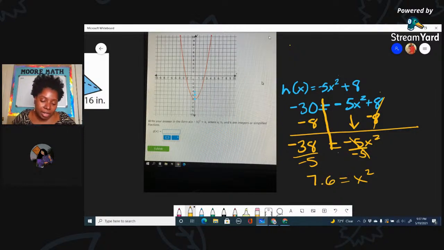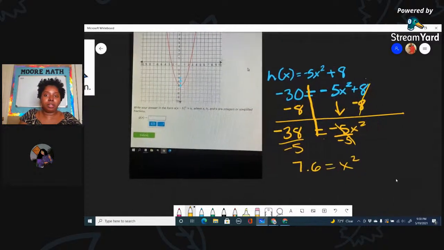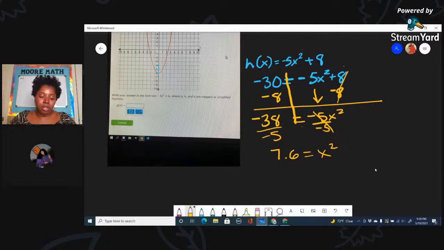And now how do I find what x is? You would subtract? Not subtract. So x squared equals 7.6. What's the opposite of squaring a number? I don't know. So finding the square root.